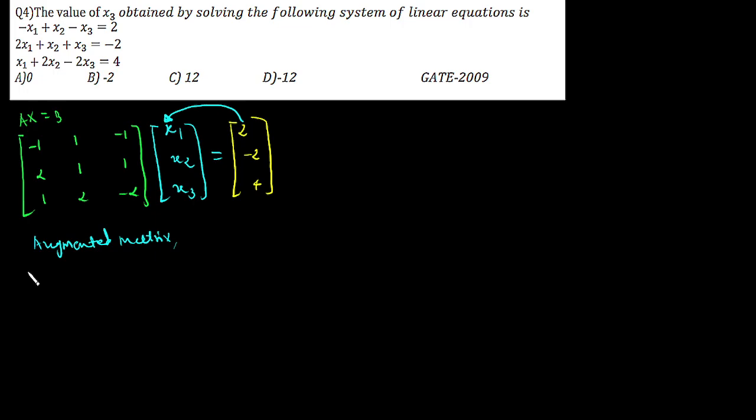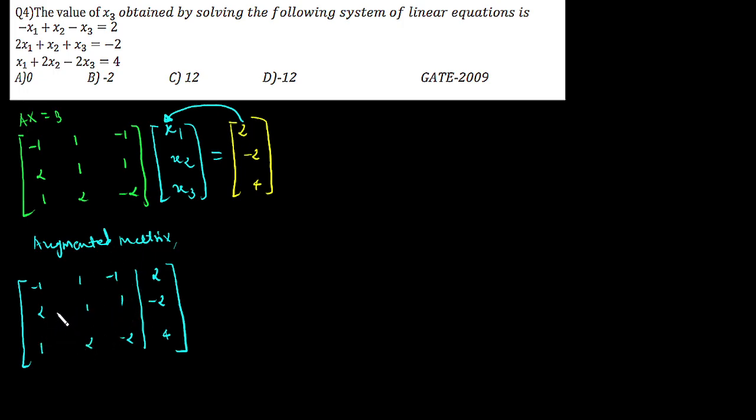So let's form the augmented matrix. I am putting a vertical line to distinguish the coefficient matrix and the right hand side. So we have formed the augmented matrix. We call this type of matrix an augmented matrix, a specific name for this matrix.